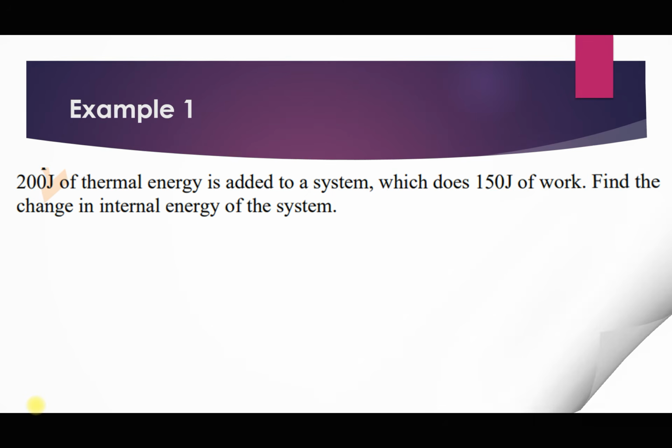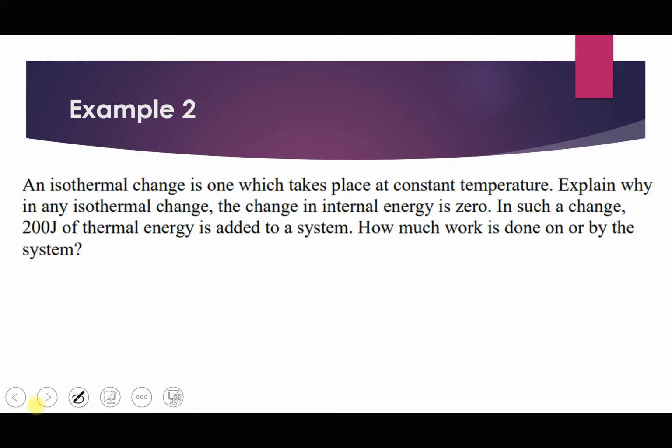Okay. Number two, an isothermal change is one which takes place at a constant temperature. Remember, if there is no change in temperature, it means there is no change in internal energy. But they are saying an isothermal change is the one which takes place at a constant temperature.